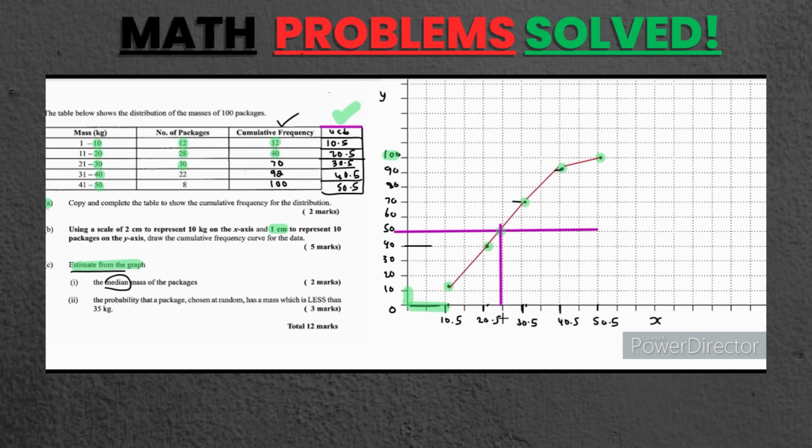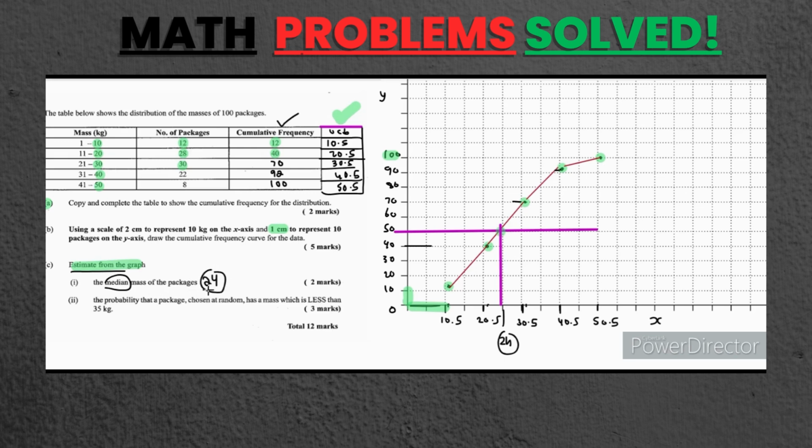So it's in between 20.5 and 25, so it's about 24. If you draw the actual graph, you will get this value as 24, right? So 24 is the median of this data, right?